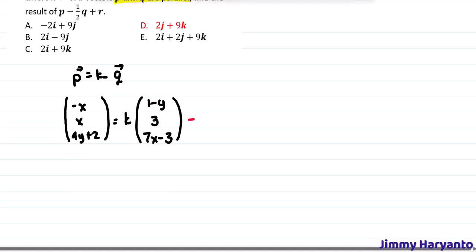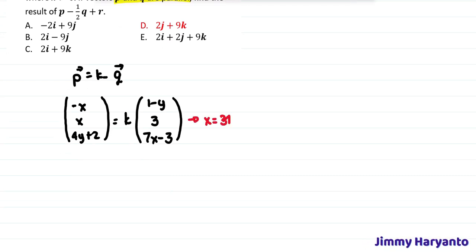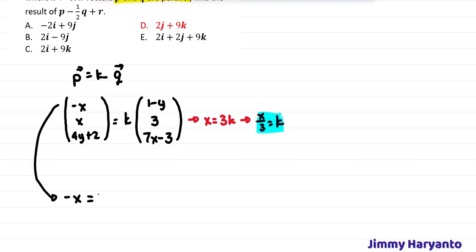First, I will start from the second component, which is x equals 3k. And from this, I can get the value of k, which is x over 3 equals k. So right now we already have the value of k, which is x over 3. And then I will use the first component, -x equals k times 1 minus y.